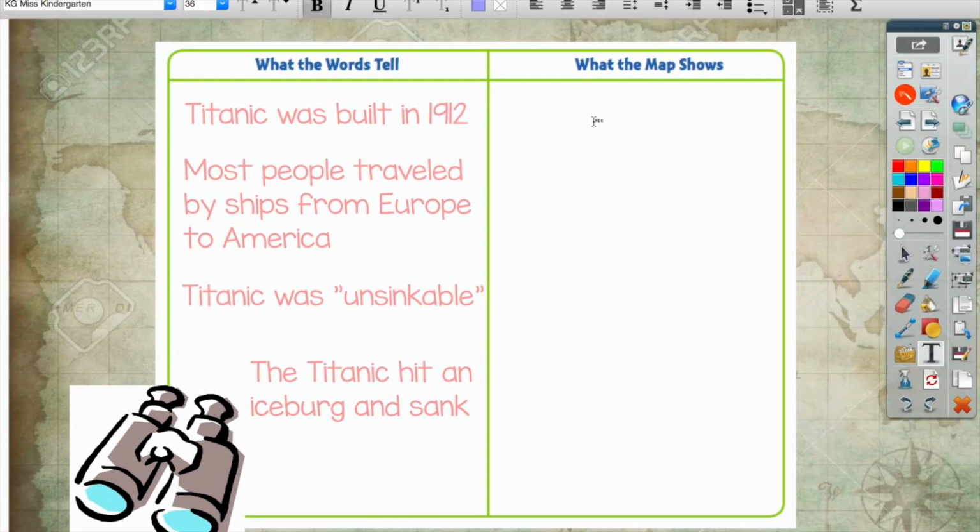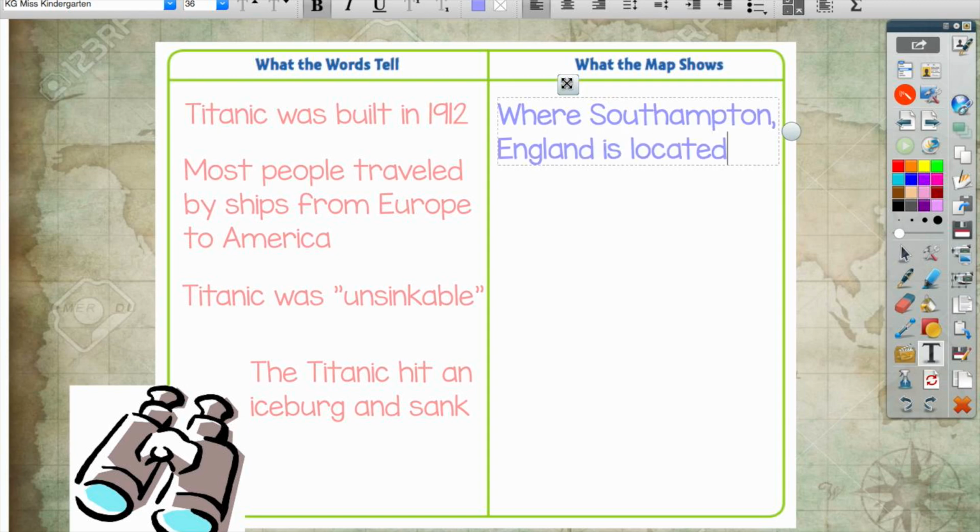First, I want to point out that it shows us where Southampton, England is. I also want to include that it shows us where New York is located.